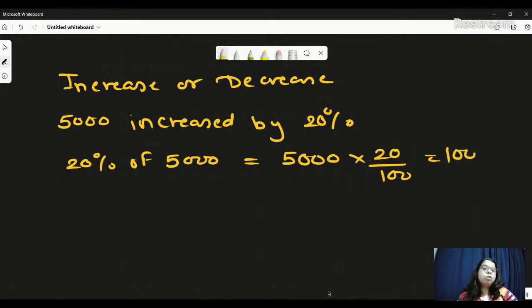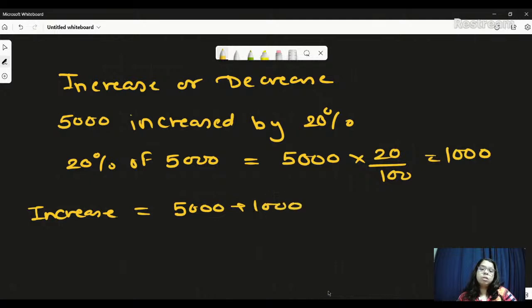So that is going to give you 1,000. Then the percentage increase is going to be equal to 5,000 plus 1,000, that is equal to 6,000. Now this is one way of doing it.